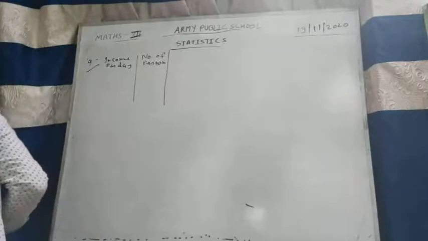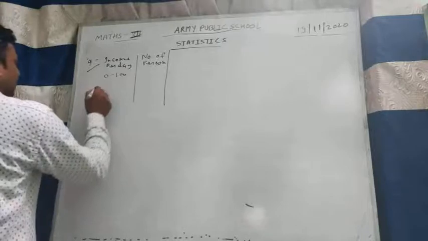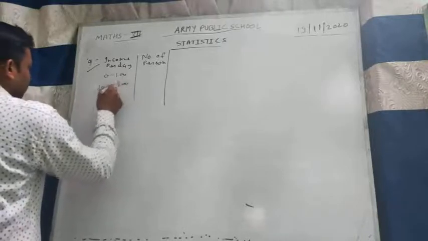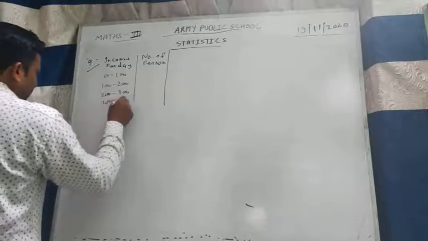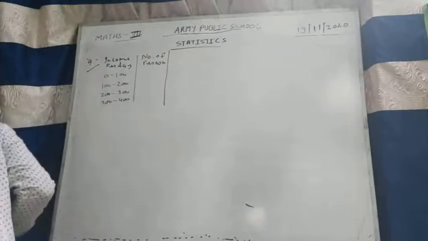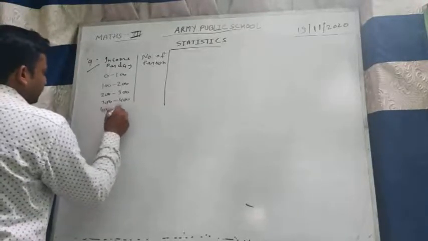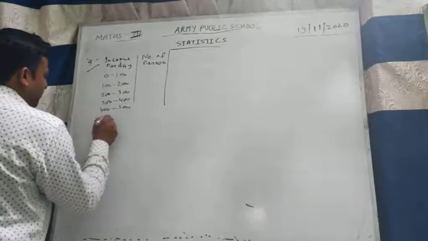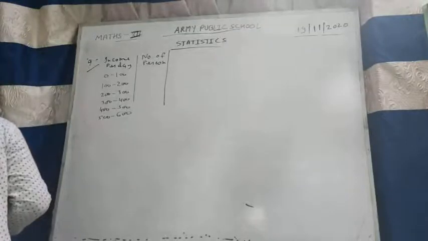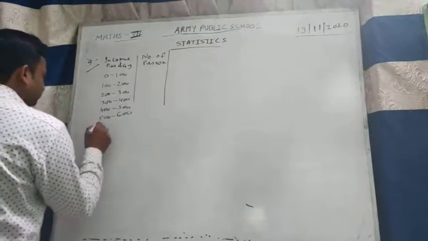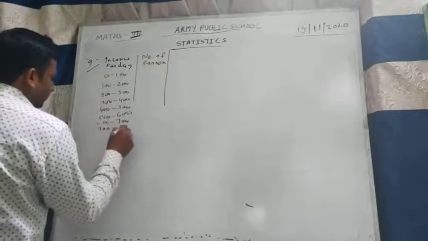The income classes are 0 to 100, 100 to 200, 300 to 400, 400 to 500, 500 to 600, 600 to 700, and 700 to 800.